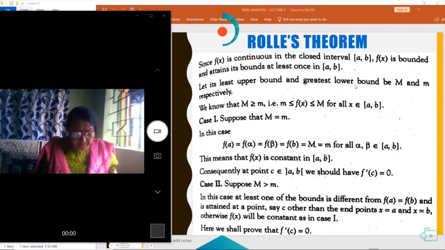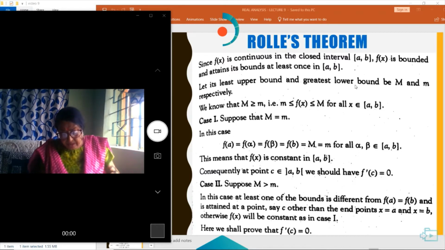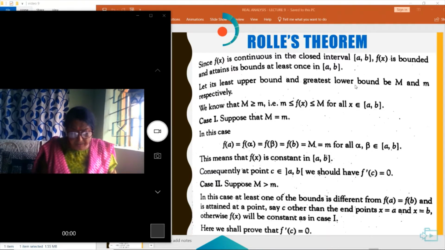Otherwise, f(x) will be constant. So we shall prove that f'(c) is equal to 0.